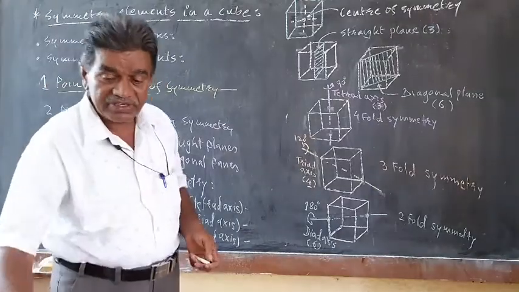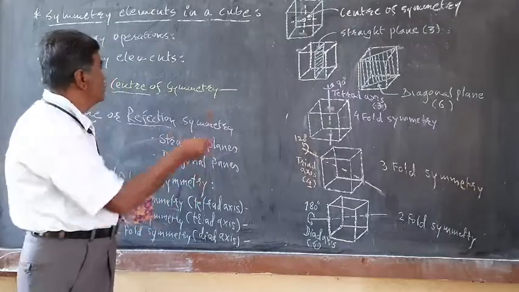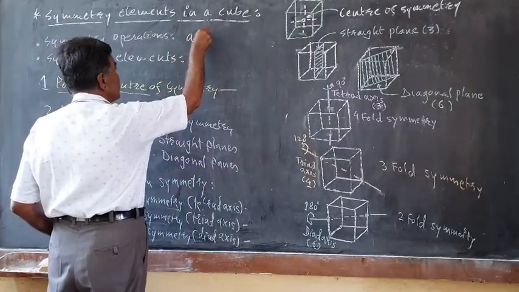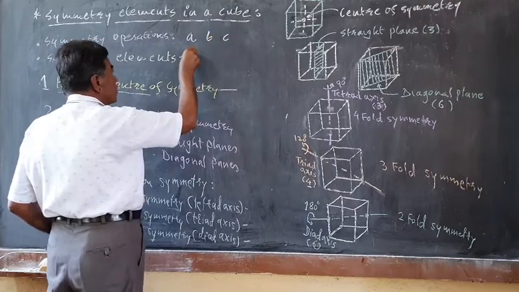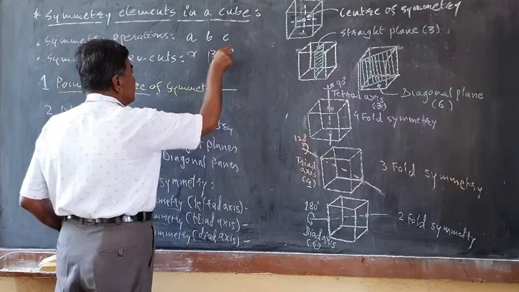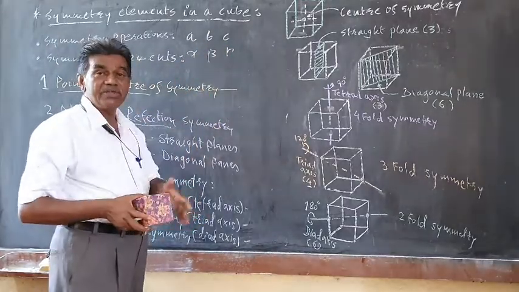As far as the cube is concerned, the size and shape of a unit cell is given by 6 parameters. These are the axial lengths a, b and c, and the other 3, alpha, beta, gamma, are the 3 interaxial angles. These 6 parameters are essential to describe any unit cell.